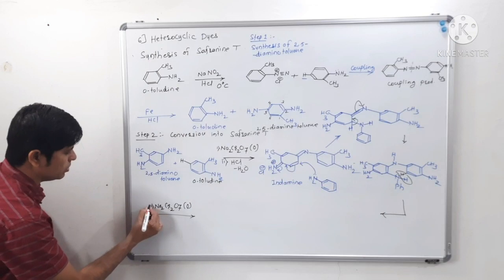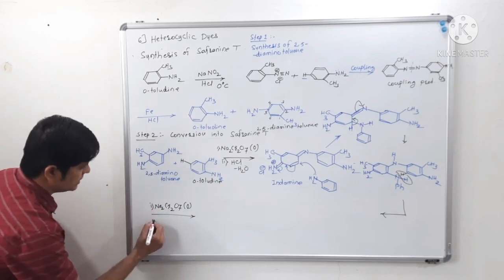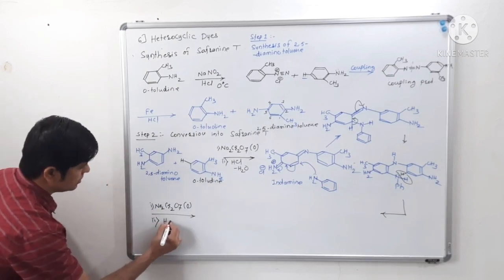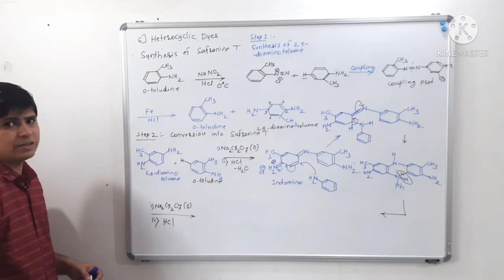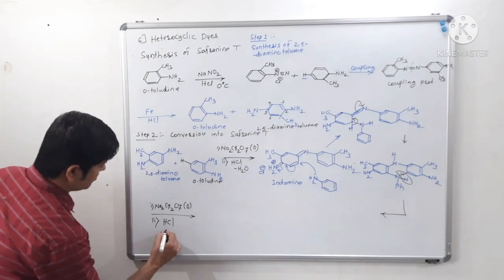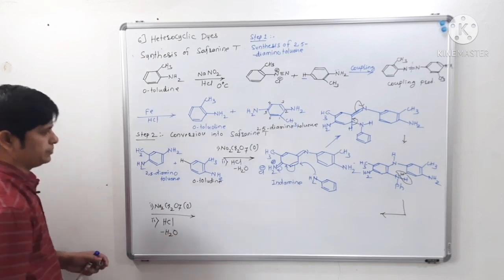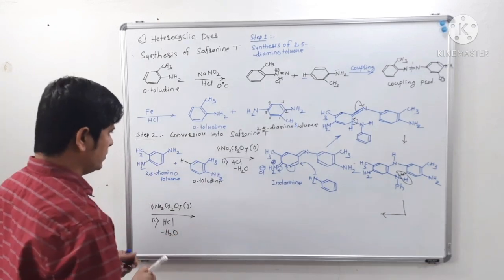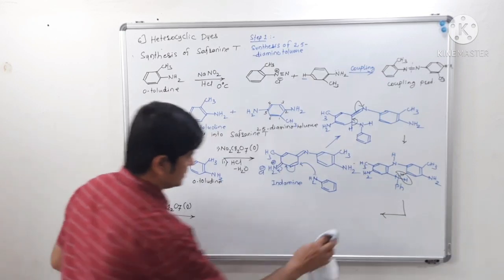First is sodium dichromate. Second one is hydrochloric acid, use of hydrochloric acid. And there will be loss of a water molecule. Now what will we get? See, we will get a structure like this.